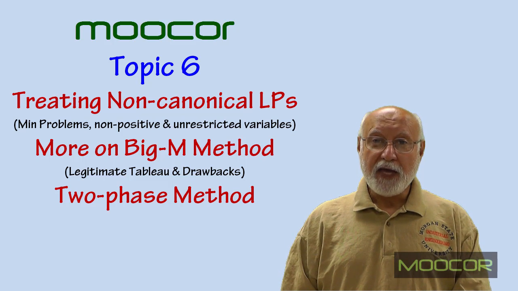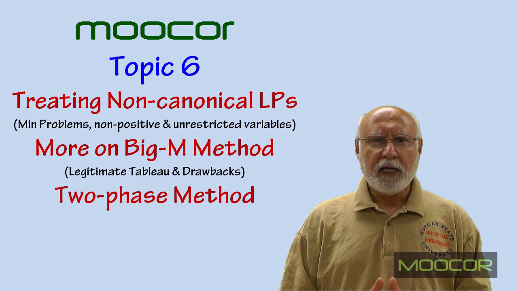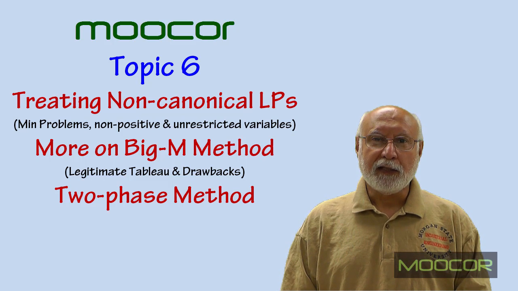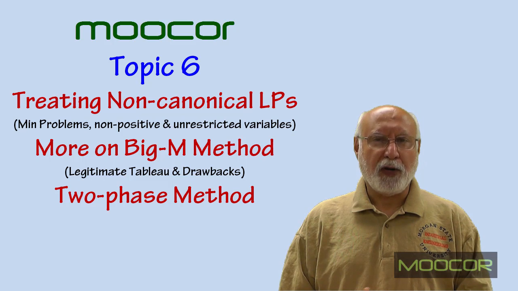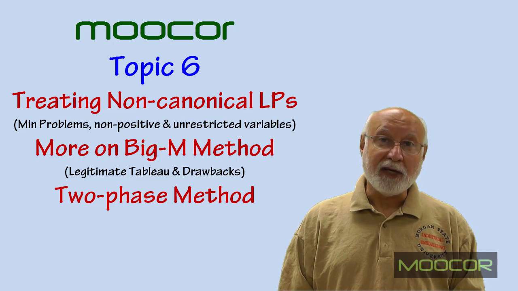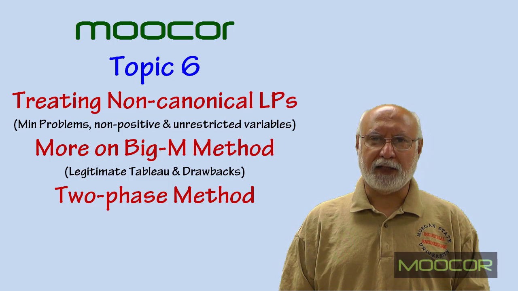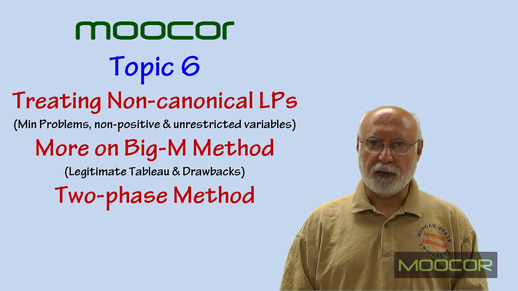We will then go back to the big M method and discuss some of the issues related to the use of M as a very, very large positive number in our calculation and keeping it as a symbolic calculation in the regular calculations that we do for moving from one tableau to the next tableau and so on.